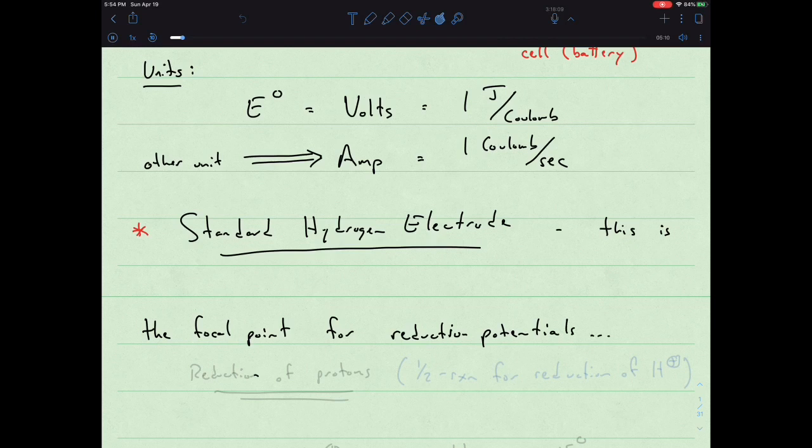If we think about the reduction of protons, we would have a proton, let's say aqueous, and it's going to have to be reduced to hydrogen gas.